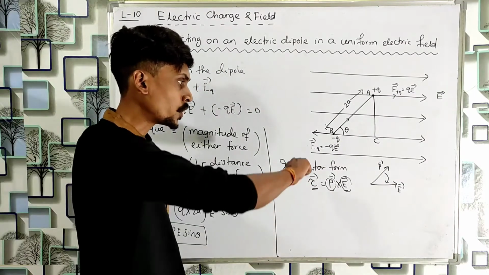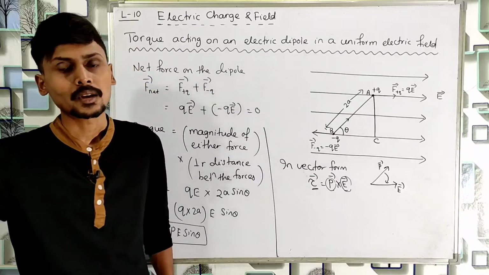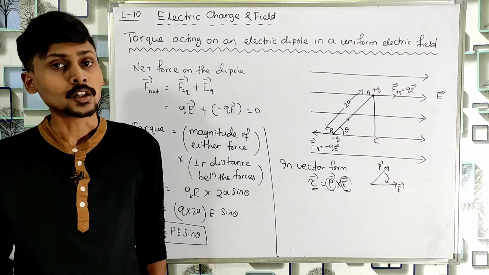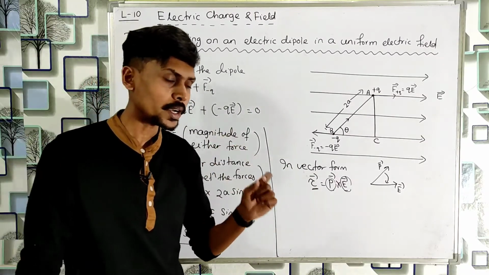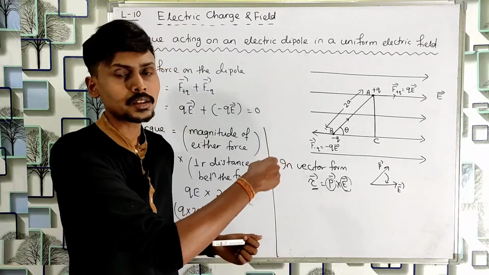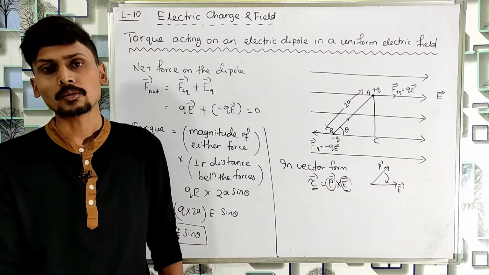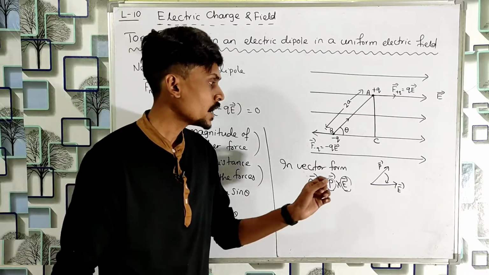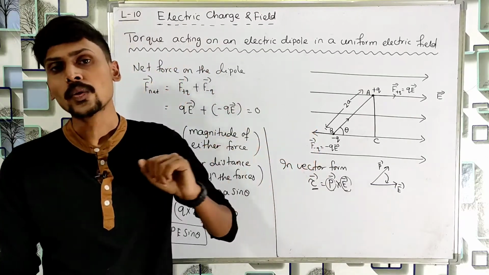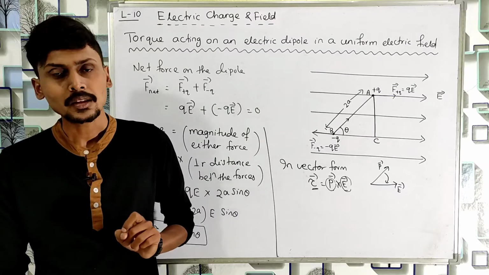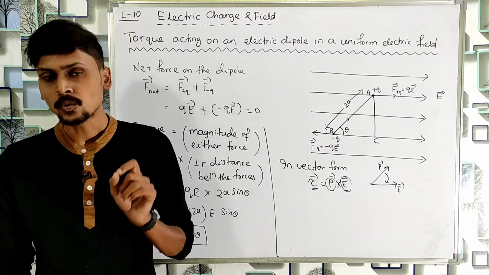When you rotate a screw clockwise, it will go inward. And if you rotate a screw anti-clockwise, the screw will come out of the wall or out of the board. So remember that if P is rotated clockwise towards E vector, then the torque will be inward.